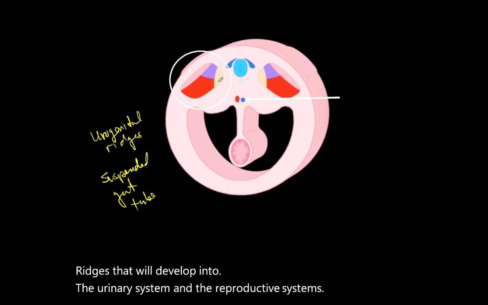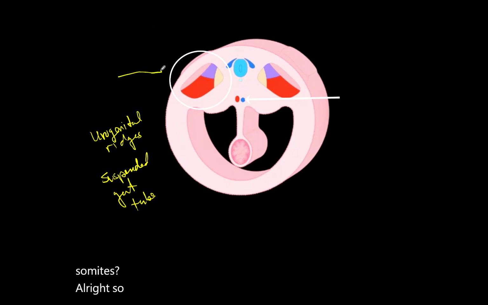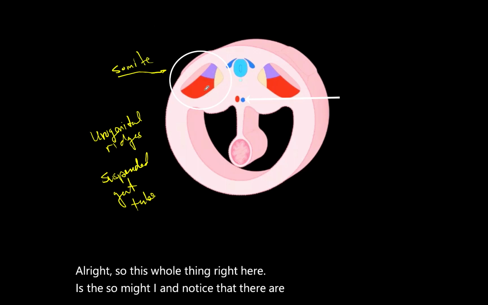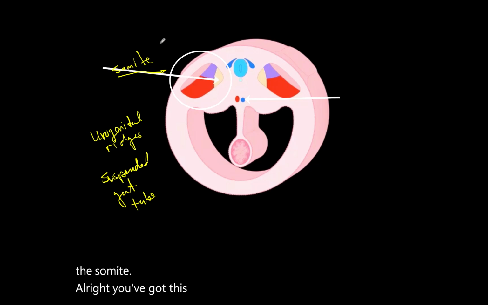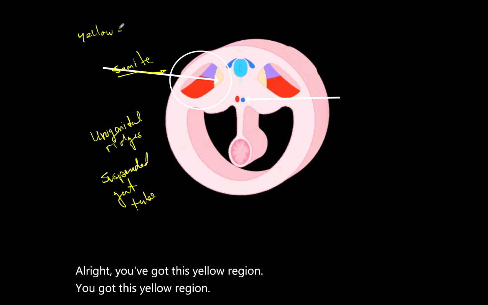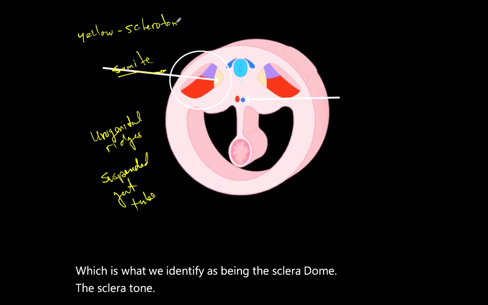Right up here that I have now circled, these are the somites. So this whole thing right here is the somite, and notice that there are three distinct areas to the somite. You've got this yellow region, which is what we identify as being the sclerotome.